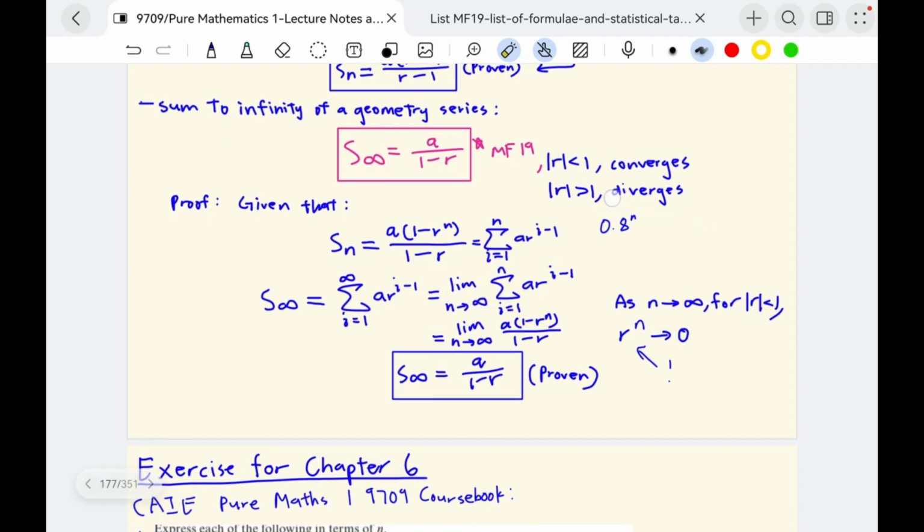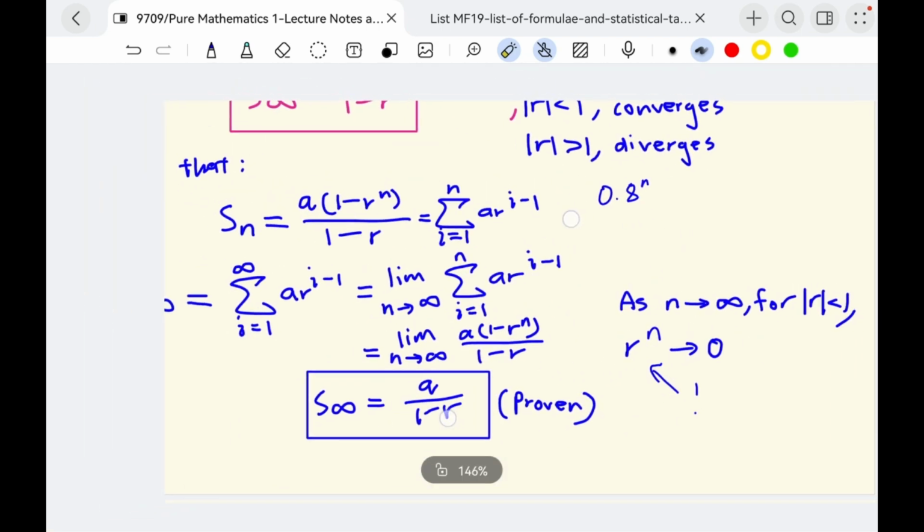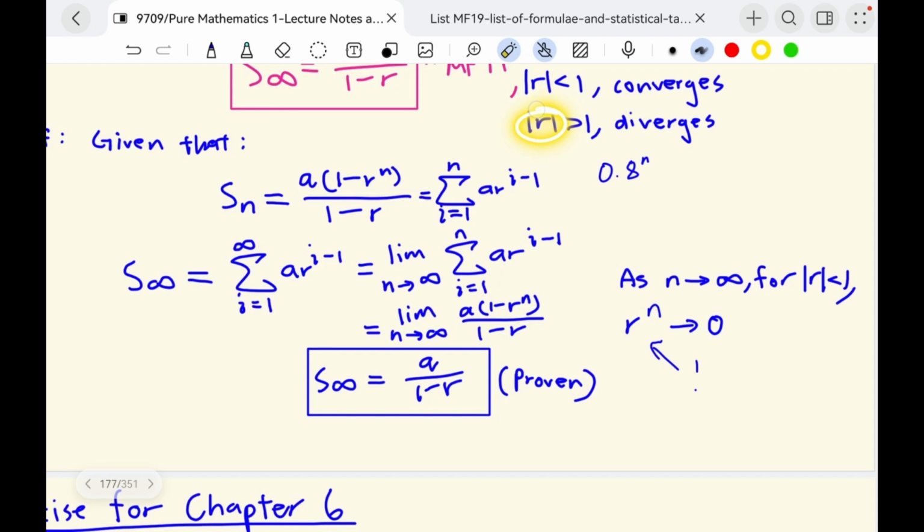Why does it diverge? Because it is undefined. For positive r, or r greater than 1, r to the power n increases as n tends to a larger value. Therefore, r to the power n is indeterminable. That's why the modulus of r cannot be greater than 1.